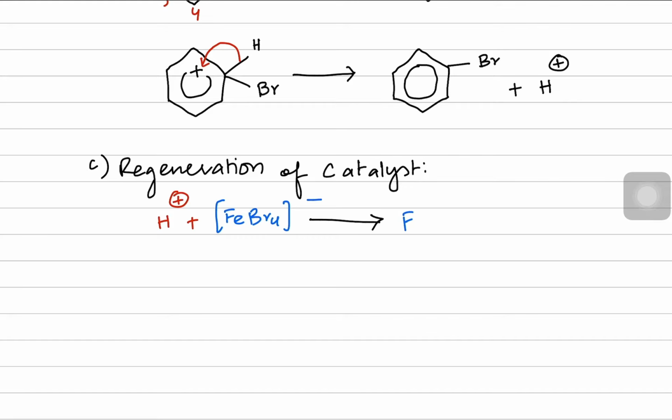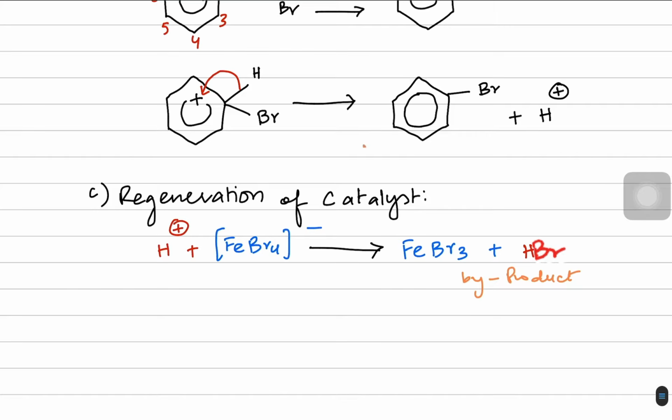The bromine atom from the FeBr4 minus makes a bond with hydrogen to make HBr, and the FeBr3 is produced. These are the products for our case. Let's talk about the name of the product. So that is bromobenzene, and the other was obviously hydrogen bromide.